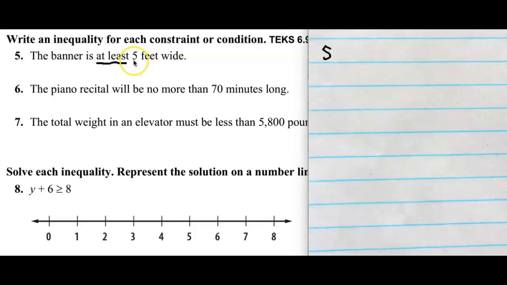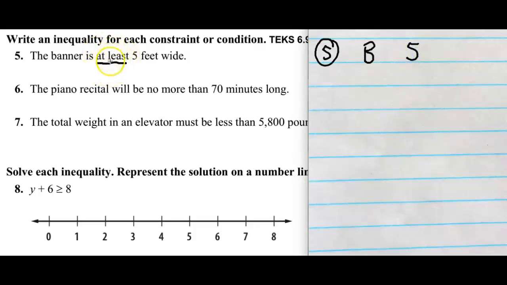Yes or no? Okay, so what we're going to do, we're going to first come up with a variable. So if we're comparing a banner to 5 feet, what letter should we use? Go ahead and answer that for me. All right, I'm going to use the letter B, but really the actual variable letter doesn't matter. And then I'm going to write B and I'm going to write 5.